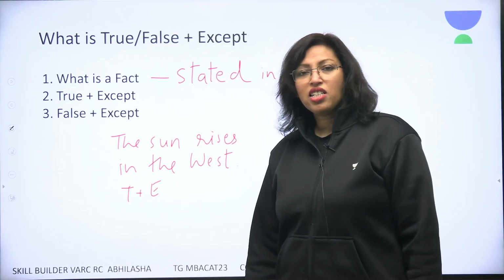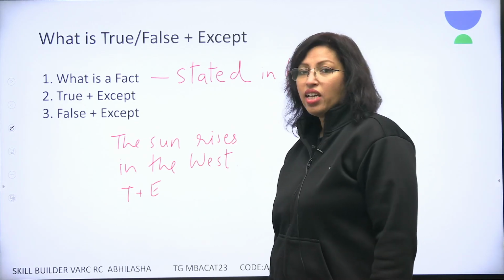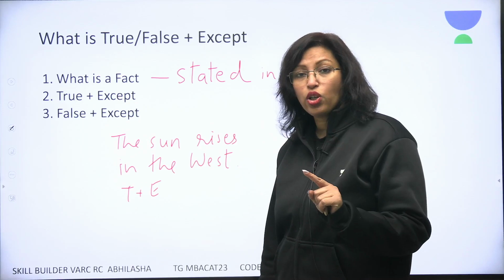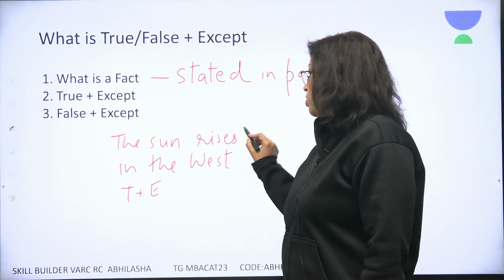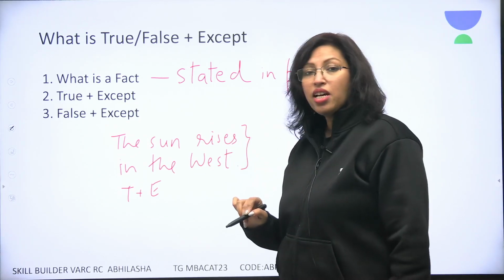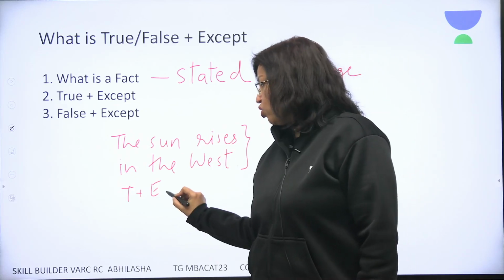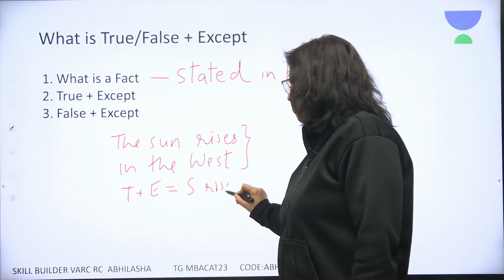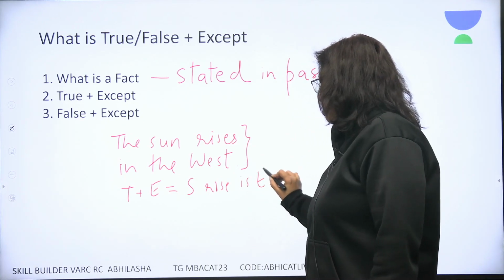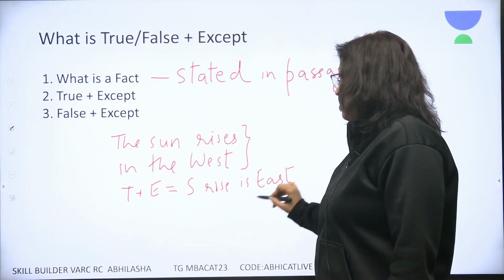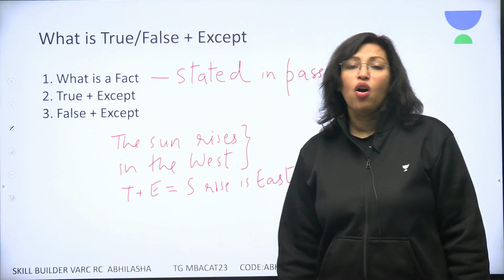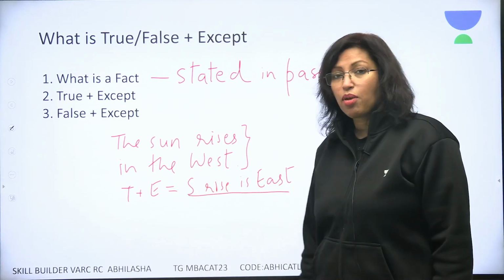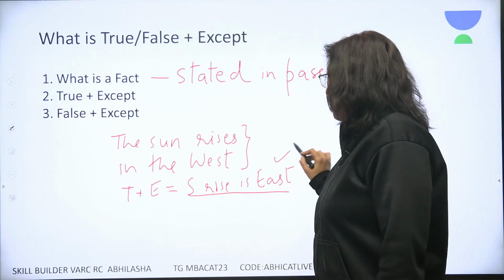So the fact that sun rises in the west is true here. Pay attention. It may not be true according to what you and I know. But here, because this is stated in the passage, therefore this is true. So the true plus except answer may be that the sun rises in east. Because according to the passage, the sun should have risen in west. So that was true. This now becomes the true plus except answer.